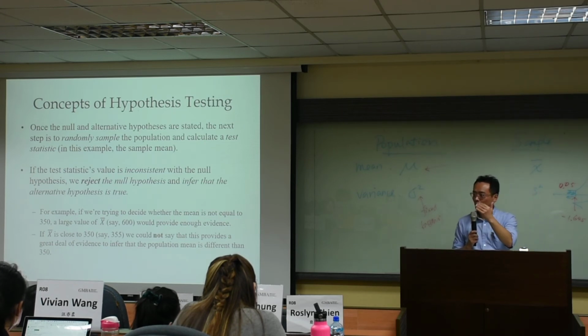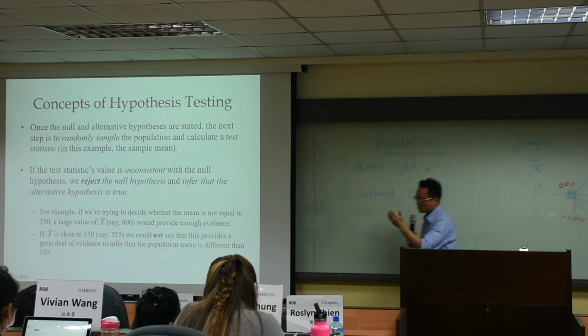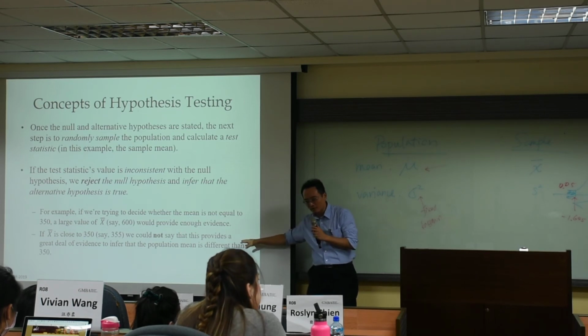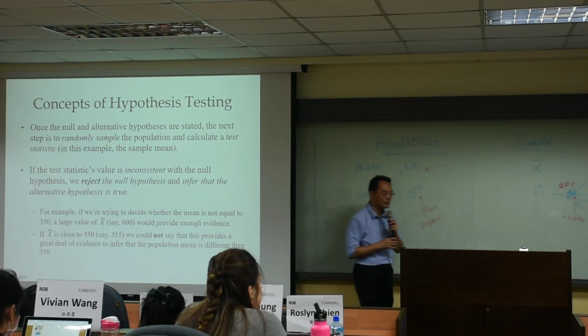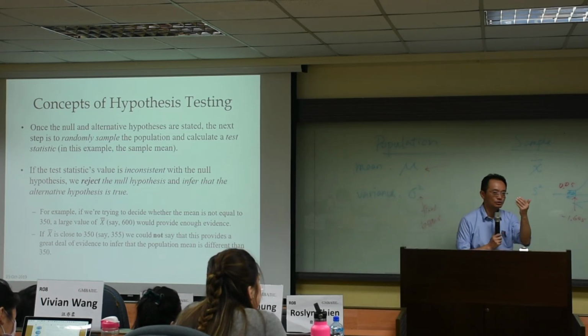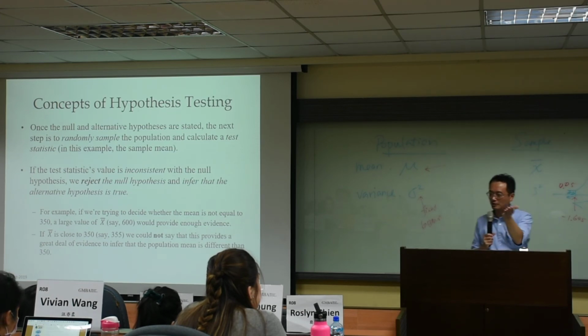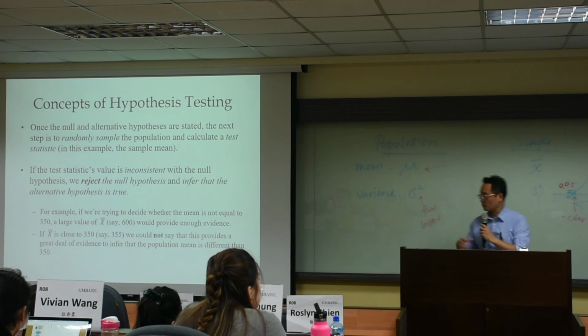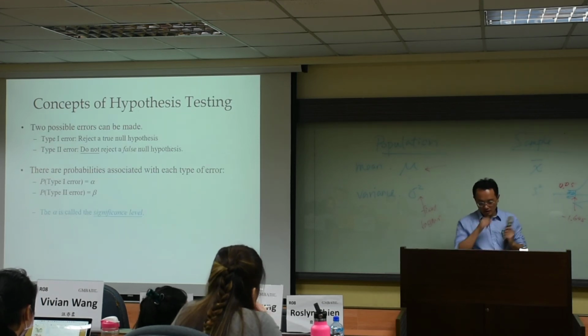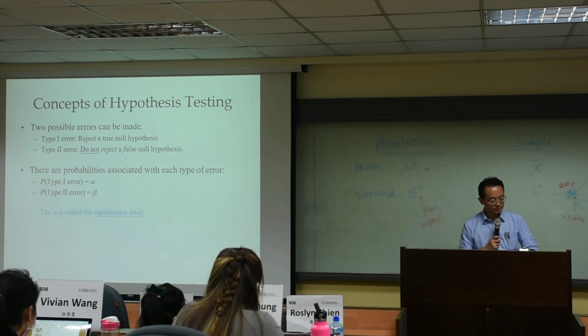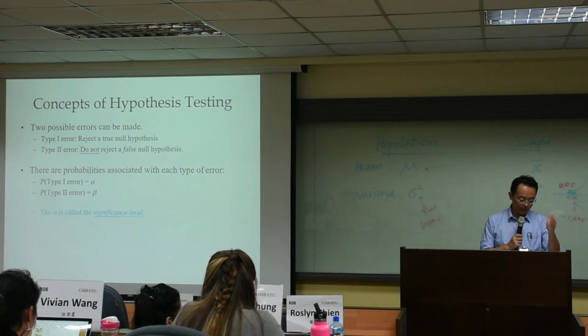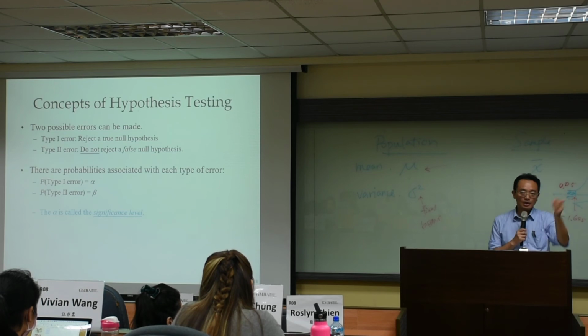But how about 370, 380, 400? How do we develop such confidence and make the decision, yes or no: is mu equal to 350? The concept, again, is that we have the two types of error.